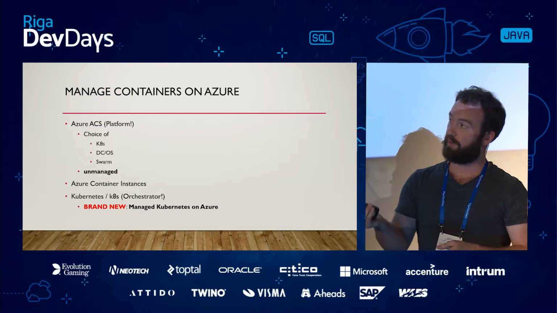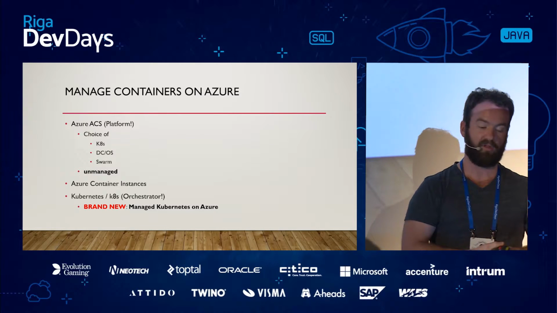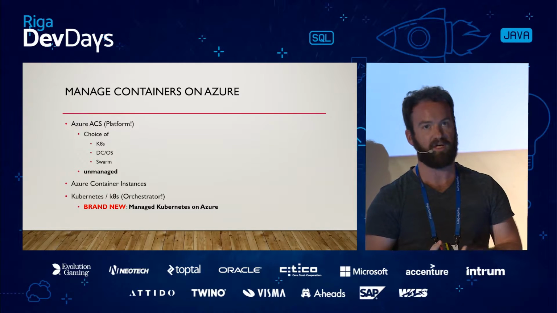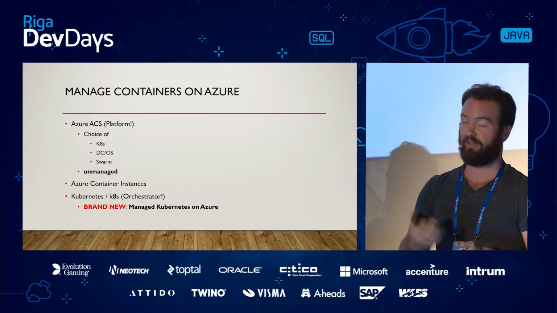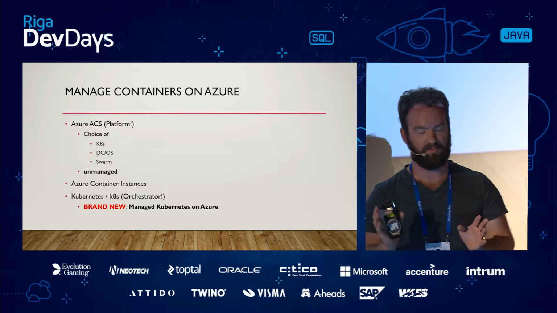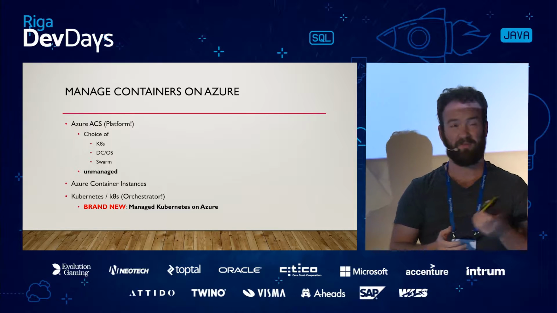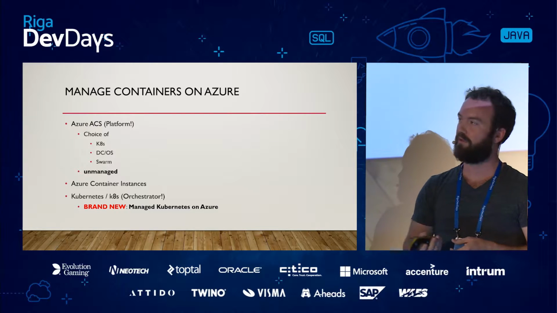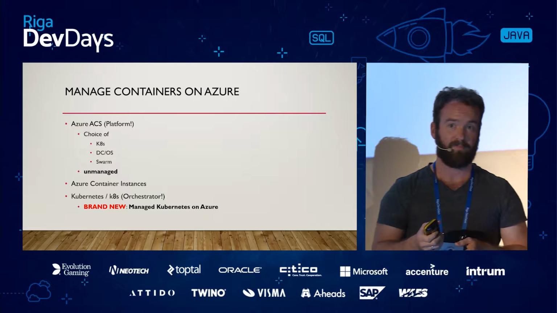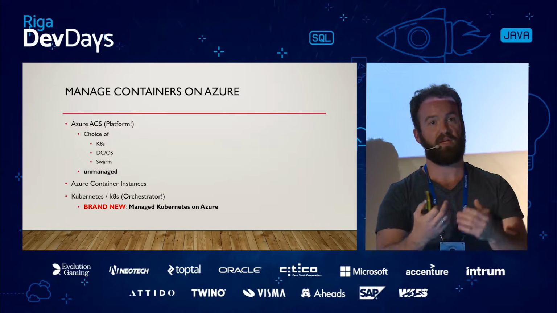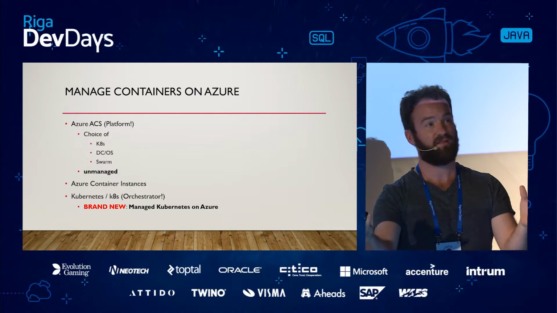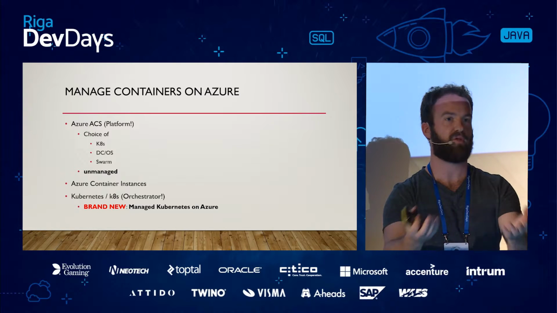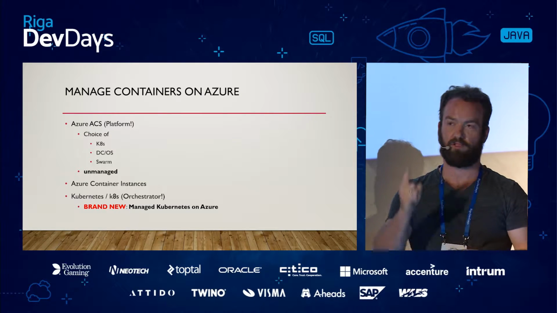Something that Microsoft then also released was Azure Container Instances, something that, as far as I know, nobody else did before, though I think Google had something similar, where you could just tell that service, here's my image, please go and run that image, and you get one.